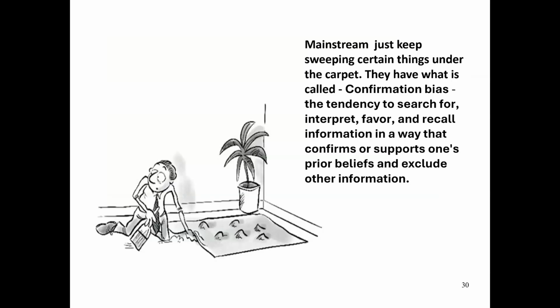So mainstream just keeps sweeping certain things under the carpet, and that's what's called confirmation bias: the tendency to search for, interpret, favor, and recall information in a way that confirms and supports one's prior beliefs and excludes other information. So the mainstream is locked into their explanation of light, which is all with their ordinary light, and they've not been aware of this other possibility.